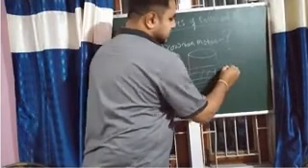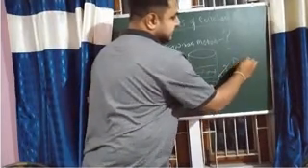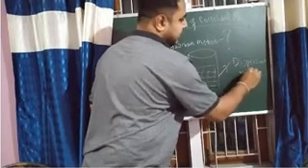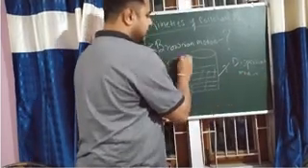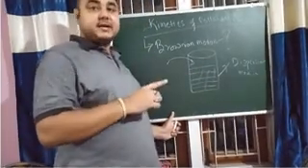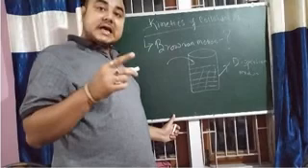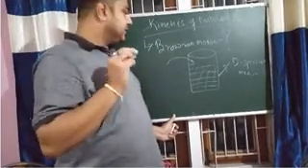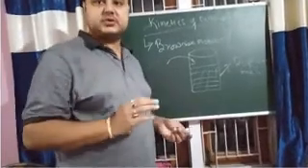Now if we put some dispersed phase in this medium, where their size is in the colloidal range, what will they do? They will show some Brownian motion.